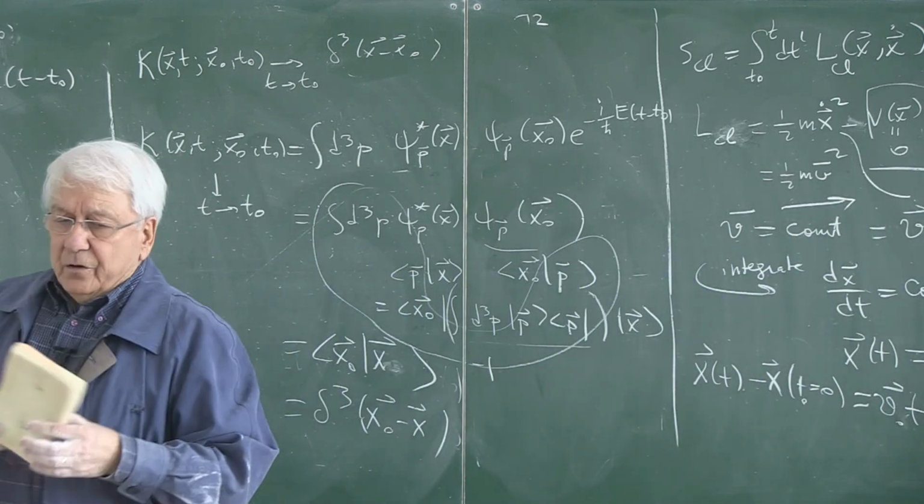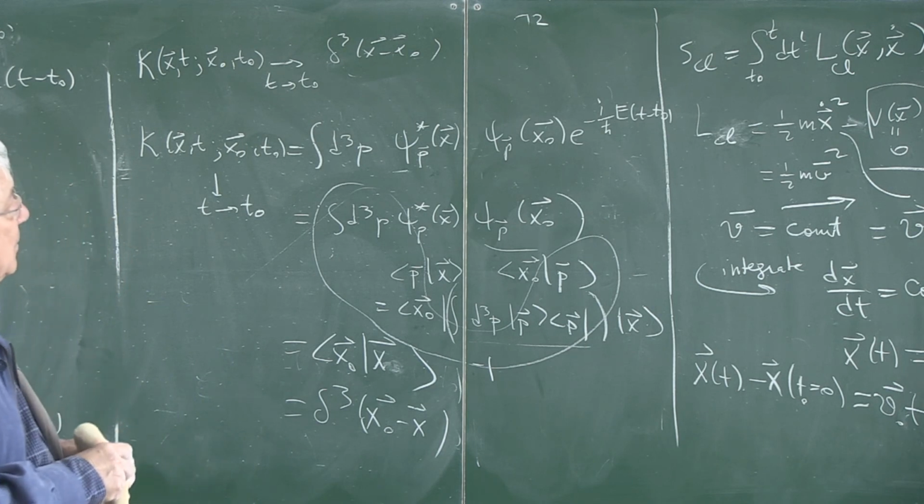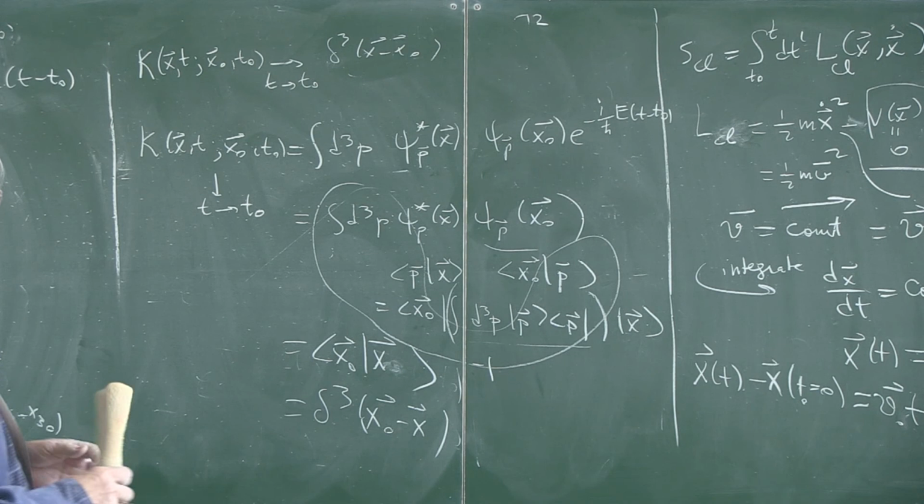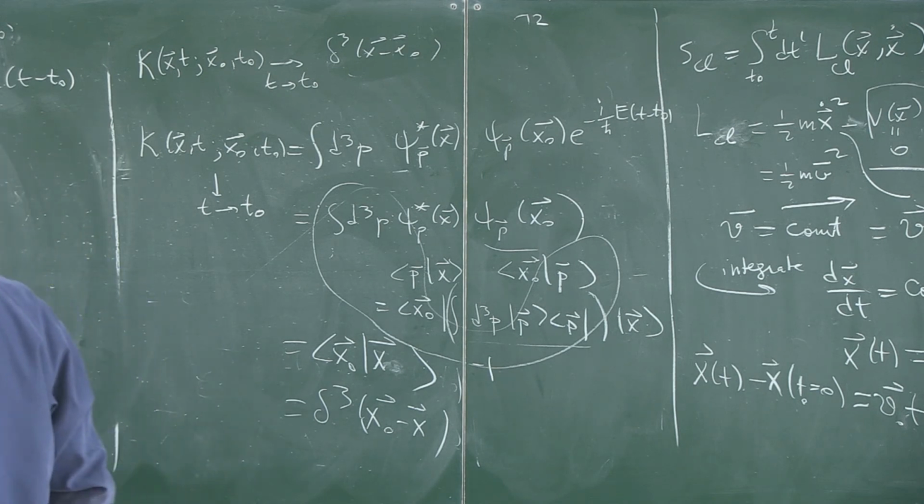So that is the simple discussion, which is insightful because it gives you this expression, which was the triggering point of this opening up of a new avenue, the path integral formulation of quantum mechanics, an alternative formulation.